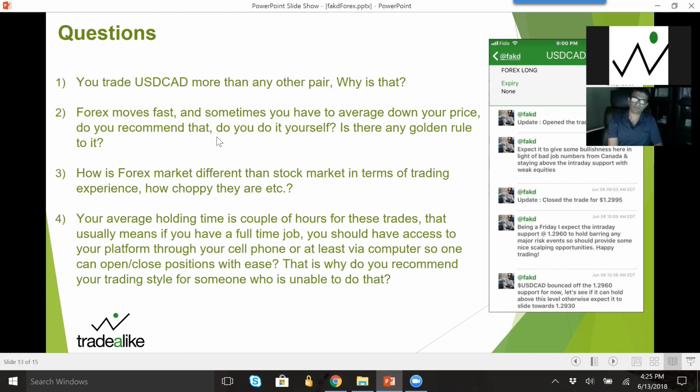So Forex moves fast, and sometimes you have to average down your price. Do you recommend that? Do you do it yourself? Is there any golden rule around it? Not per se a golden rule, but yeah, you can. I do average down sometimes, not all the time. But it depends on your risk profile, how much money you have on hand, and the size of your brokerage account. You always have to take into account what kind of money you want to risk on a trade.